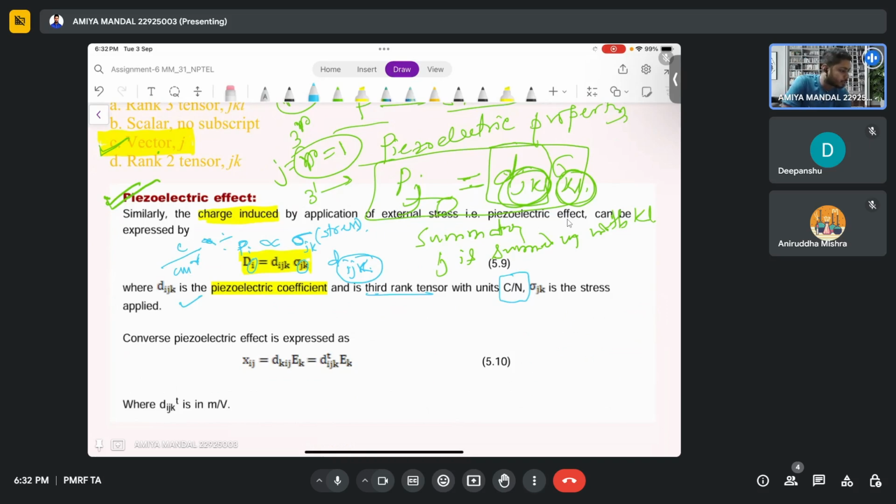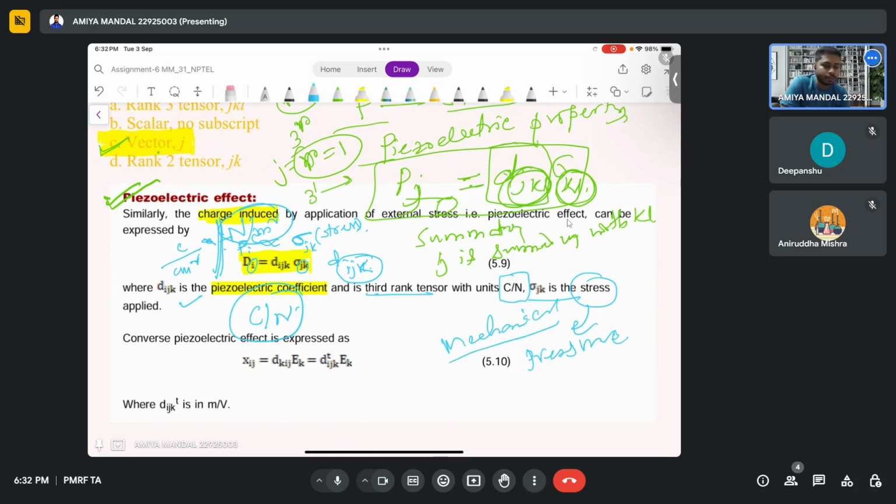Sigma is stress, which is Newton per meter square, a pressure. So the unit is Coulomb per Newton. Stress is nothing but mechanical pressure.